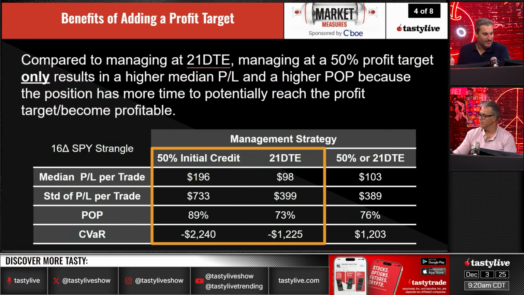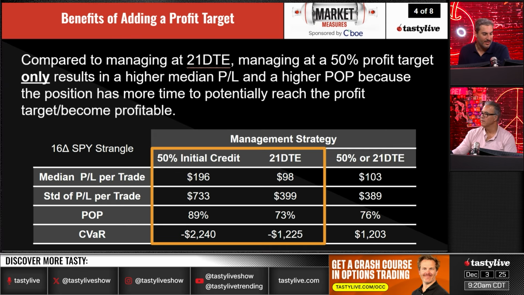When you get into that 50% or 21 days, that's really when you limit a lot of the CVaR. That's where your lowest CVaR comes into play. So you can see here, these are both good management techniques. They're both mechanical. Both mechanical, yes.